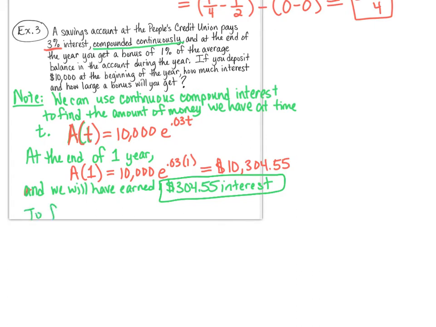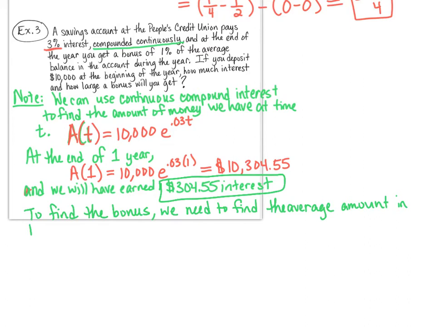So to find the bonus, we need to find the average amount in the account over the closed interval 0 to 1, right?